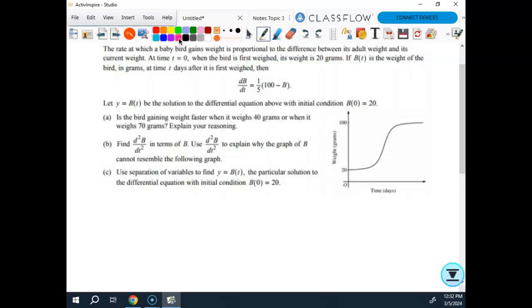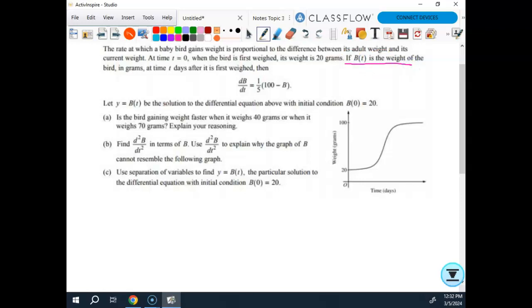All right. So in the equation that they gave us, what is the weight? What variable represents the weight? B, okay, or Y, yeah. B, because T is the time, and it says B of T is the weight, right?